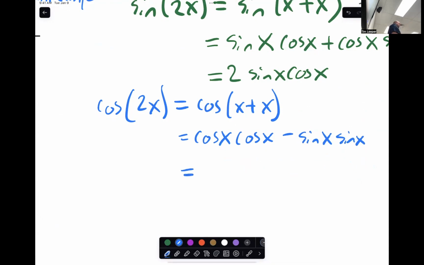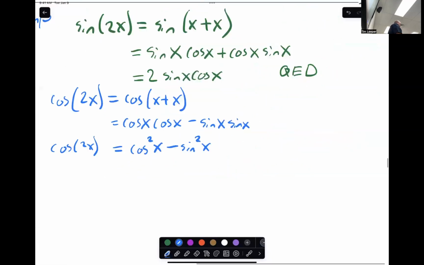Fantastic. Now, notice that cosine times cosine is just cosine squared. So it's going to be cosine squared of x minus sine times sine is sine squared, so that'd be sine squared of x. And so again, the cosine of 2x is equal to cosine squared minus sine squared. Good deal.